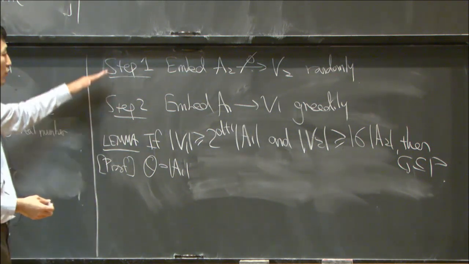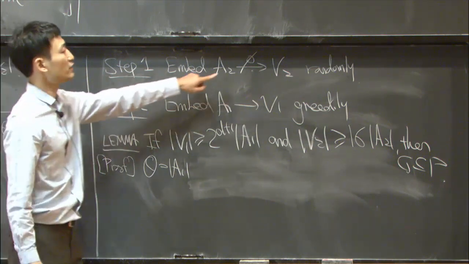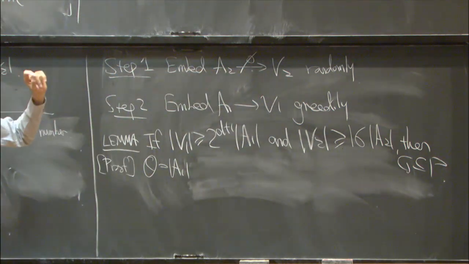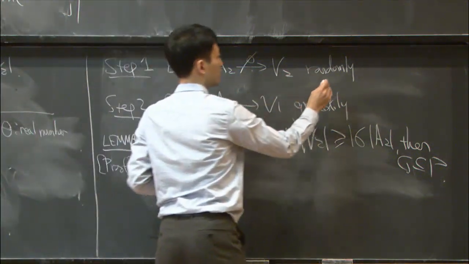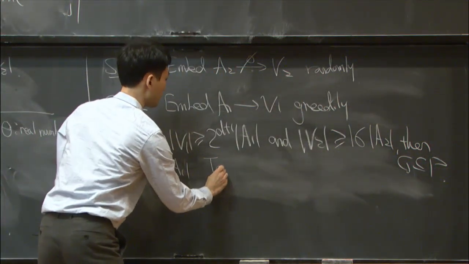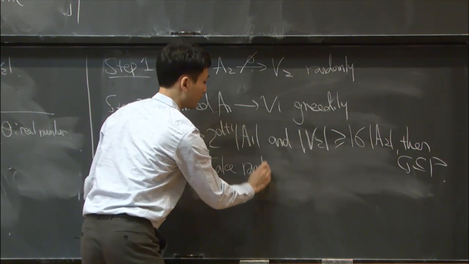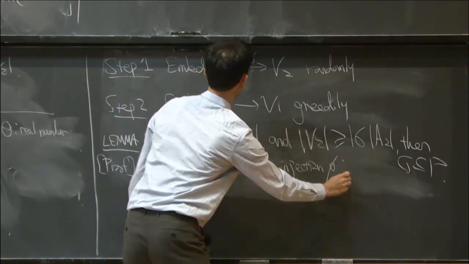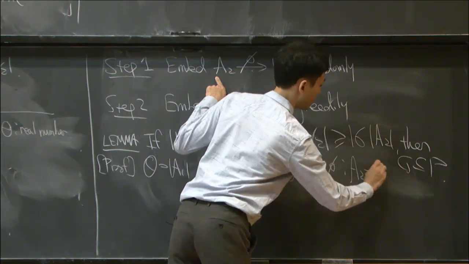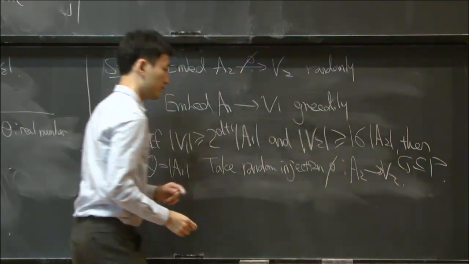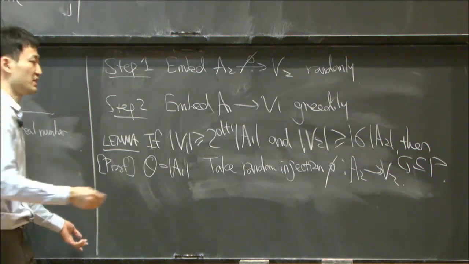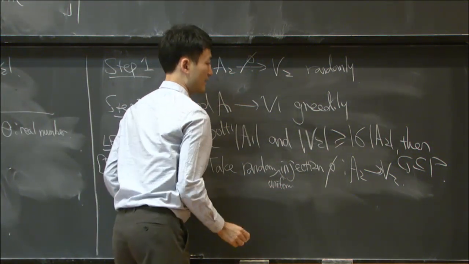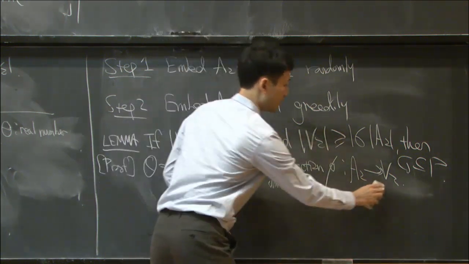Now let's embed it according to these steps. In step 1, I will take a random map from A2 to V2, but I want it to be an injection. So take a random injection phi from A2 to V2. Random uniform injection. No, this is not right.